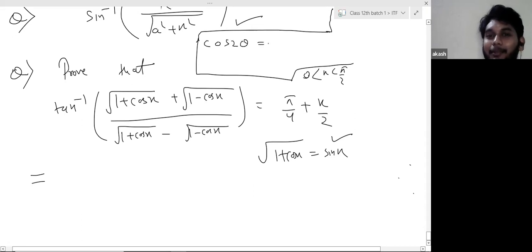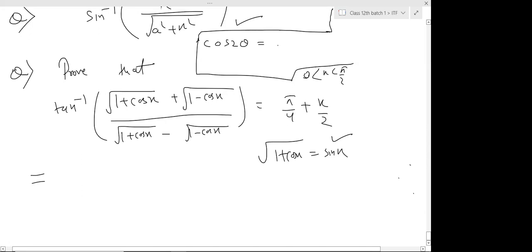Cos 2 theta equals to, who can tell me? Nobody can tell me what is cos 2 theta? Half angle formula. 2 sin square theta plus 1?